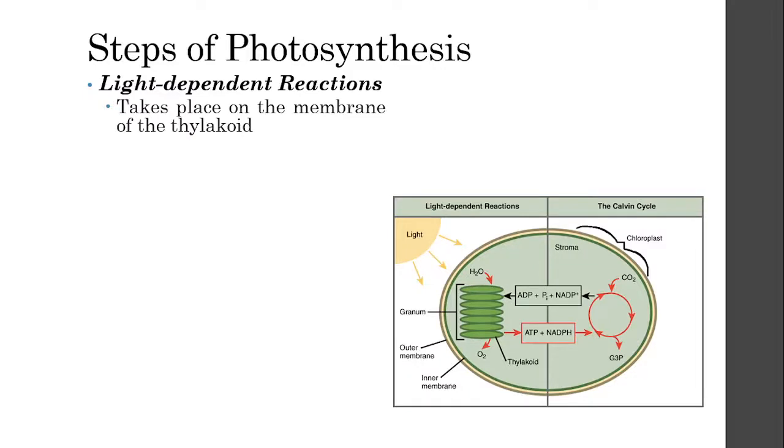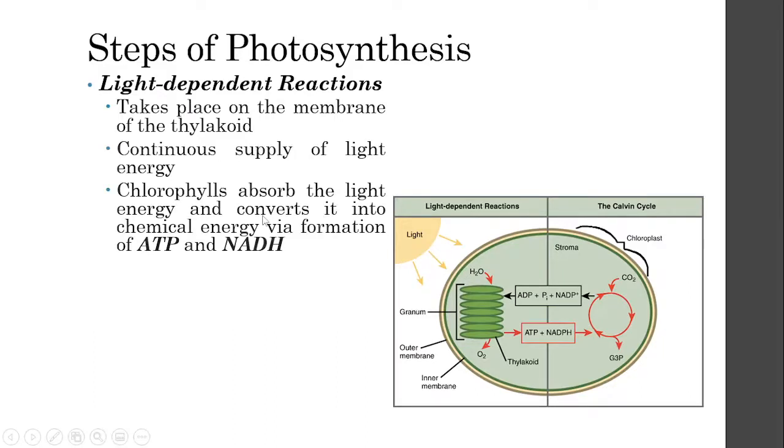This is all happening on the membrane of the thylakoid. Remember, on the thylakoid membrane you will find your chlorophyll. It needs a continuous supply of sunlight. So when sunlight hits the thylakoid membrane, the chlorophyll absorbs that light.